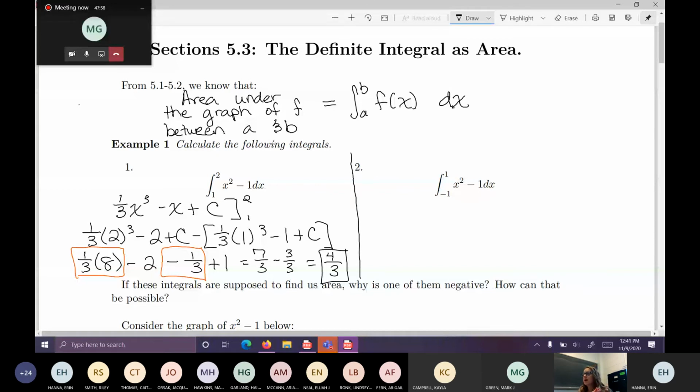Now, what if we do the exact same integrand? Remember, the integrand is the function that we're working with. So still x squared minus 1, but now instead of 1 to 2, we're going from -1 to 1. We're still using that same antiderivative, so I don't really need to think about finding that again. But now we're plugging in 1 and -1.